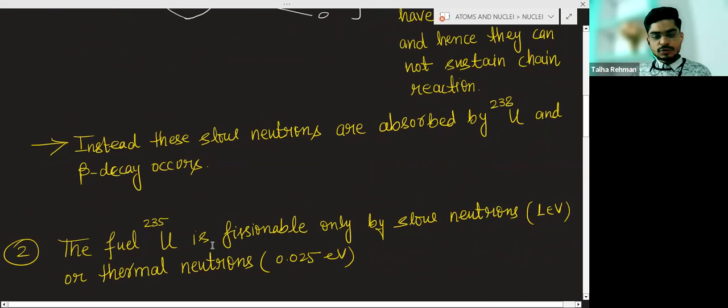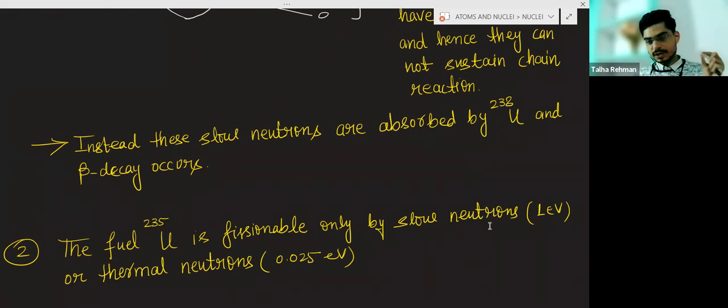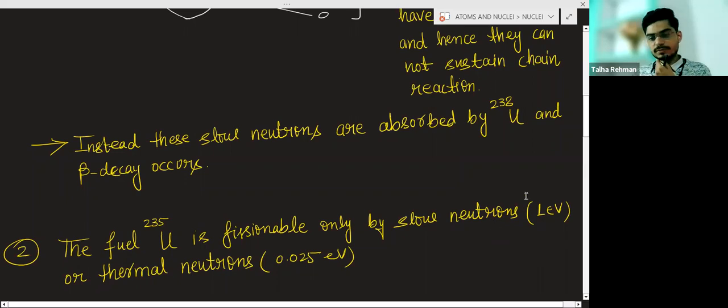Now we will see how the fission of uranium-235 takes place. The fuel uranium-235 is fissionable only by slow neutrons. I told you that the fission of uranium-235 will take place by the thermal neutron or slow neutron: slow neutrons having energy of 1 electron volt, or thermal neutrons having energy of 0.025 electron volt.